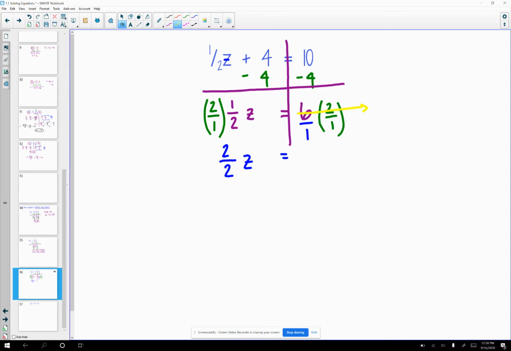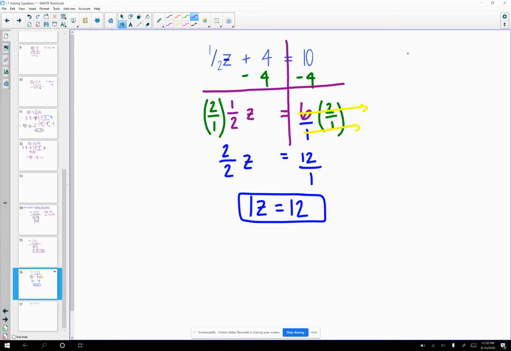So 6 times 2 will get us 12, and 1 times 1 will get us 1. And now I'm going to simplify everything. On the left, I have 2 divided by 2, which is just 1. So I can just write it as z. If you want to put the 1 out front of the z, that's also fine, but you don't need it there. And on the right, 12 divided by 1 is 12.